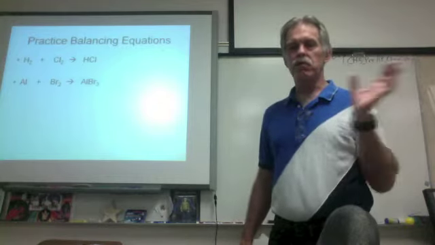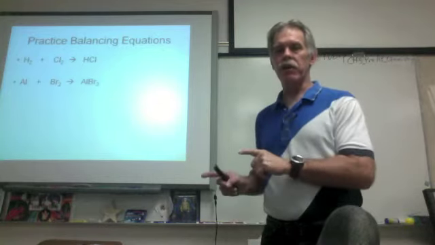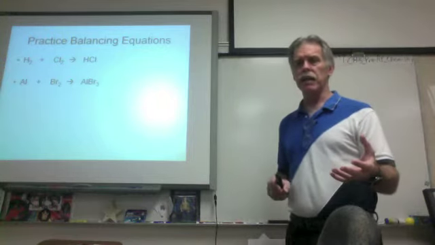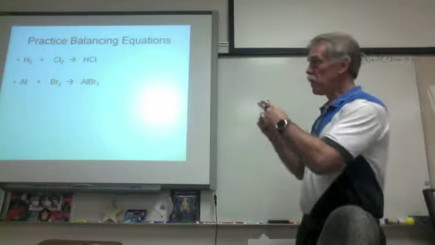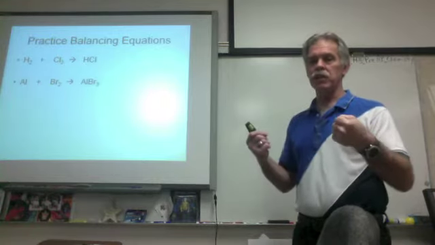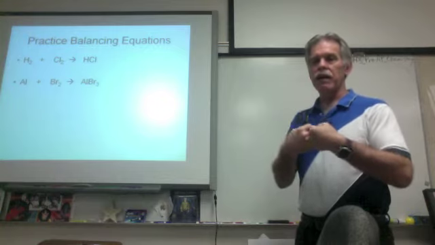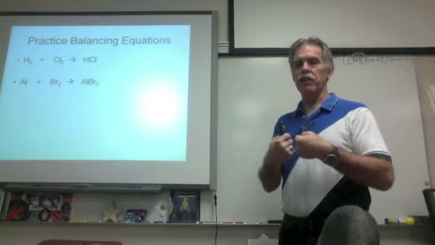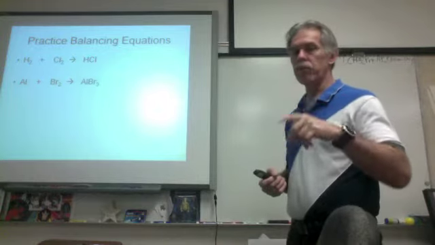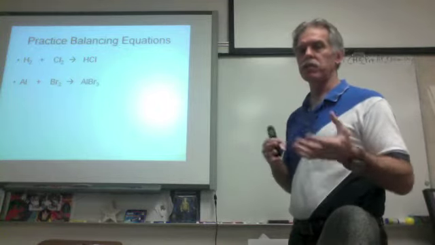You always drop those sub numbers and refigure them on the right, because on the left they're by themselves and they need to be H2 and Cl2. When they join together, there's no sub number 2s anymore, because H and Cl are now buddies. They don't have to have another H and another Cl to be buddies. But you put a 2 in front, and that gives us 2 H's and 2 Cl's.